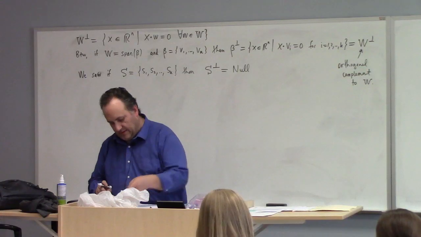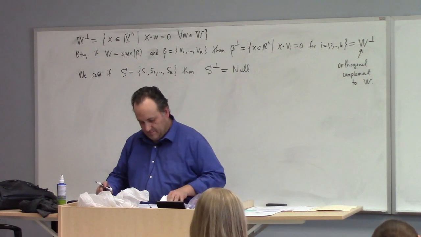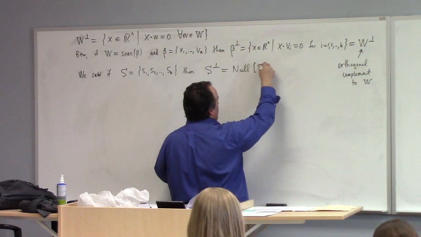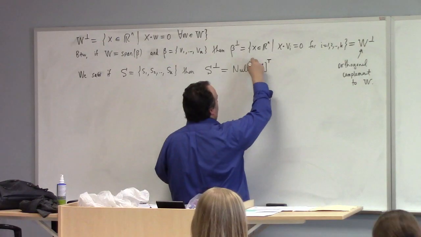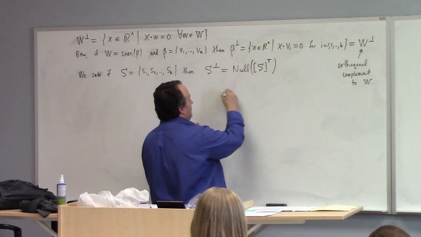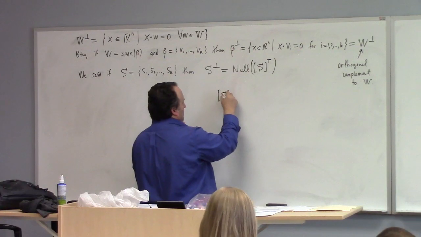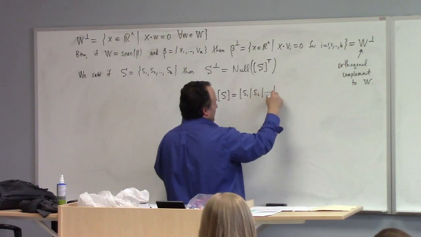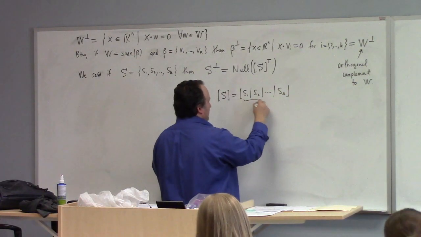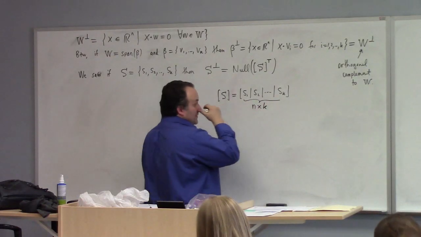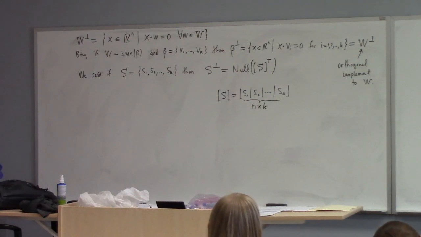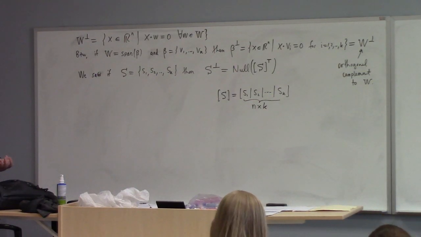It was the null space of the matrix formed by S transposed. The matrix of S was just the S vectors glued together to make a matrix. This is an n by k matrix, so S transpose is literally a k by n matrix. And the null space of that, as we proved last time, is in fact the perp to S.